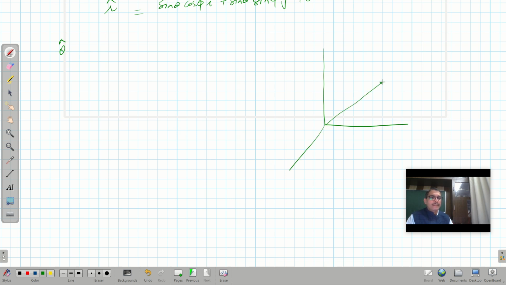Say it is r, and r cap is along this direction as I discussed, and theta is along this direction. So that means it is like this, it is going like this. So this is theta cap, and this theta cap is perpendicular to r cap.